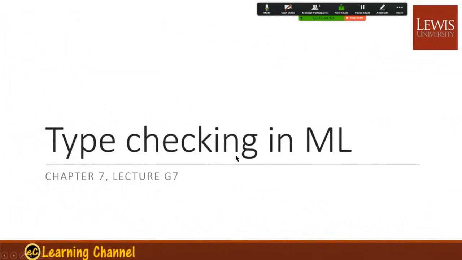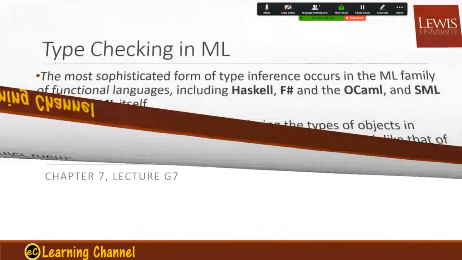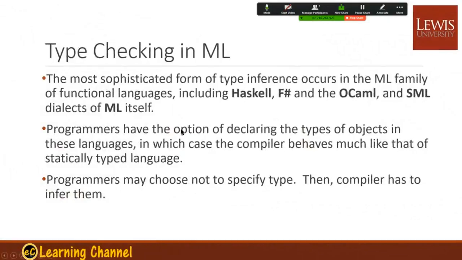Type checking in ML languages. Most sophisticated forms of type inference occur in the ML family because these are functional languages, and functional languages tend to have no type declarations. The programmer has the option of declaring the type of objects in this language.